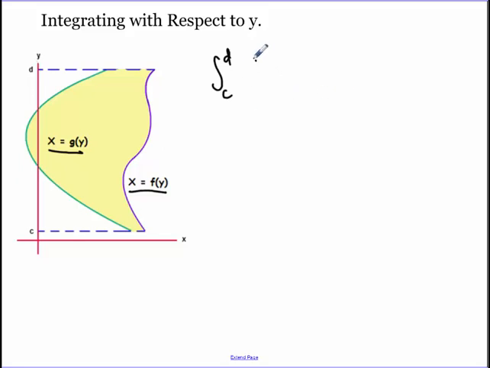So you take your farthest function minus the closer function. When I do that integral, that's going to get us the area between our curves.